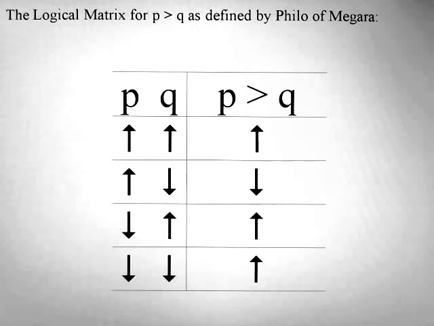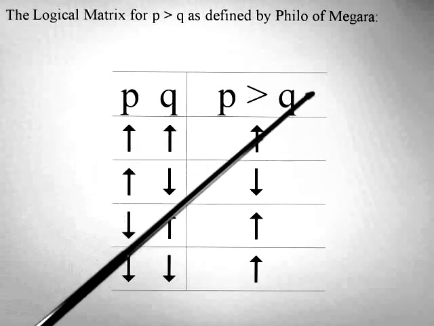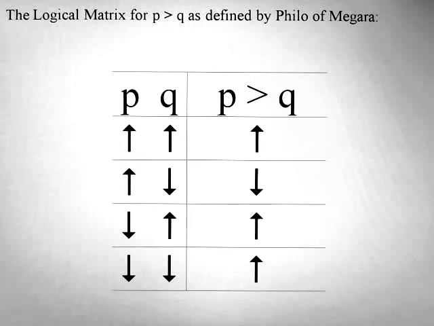Philo of Megara did not want to allow that situation, and so he said that that situation will make the implication false, otherwise it will be true.